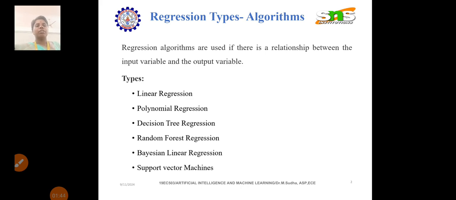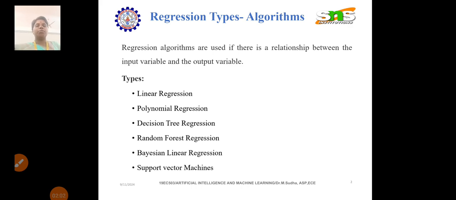The types are linear regression, polynomial regression, decision tree regression, random forest, Bayesian linear regression, and support vector machine.